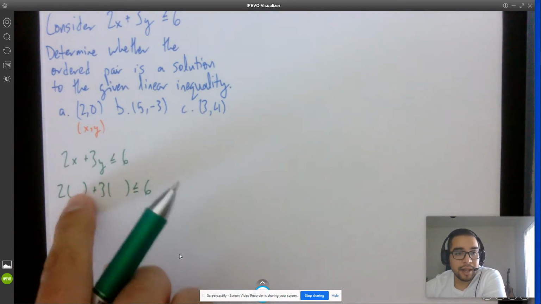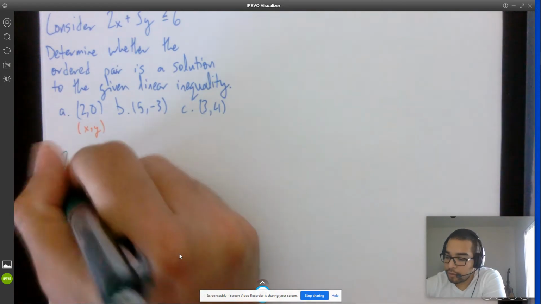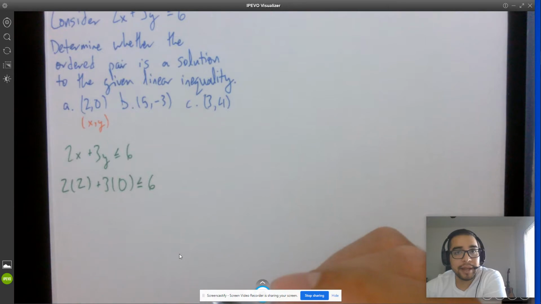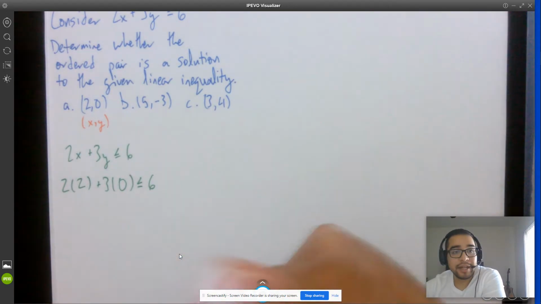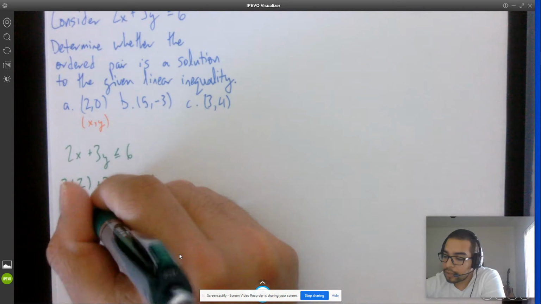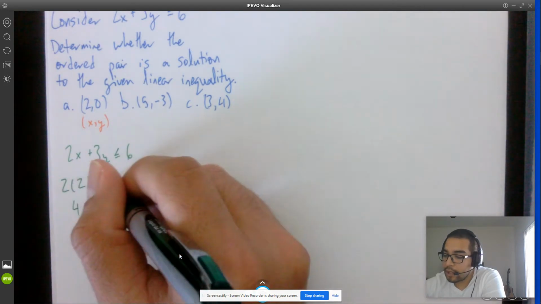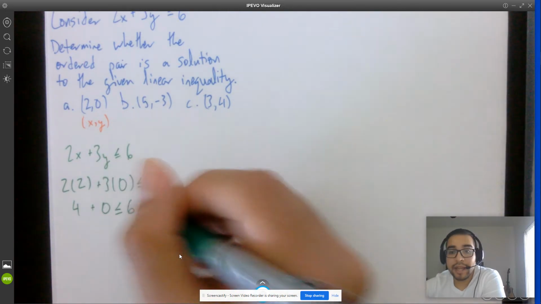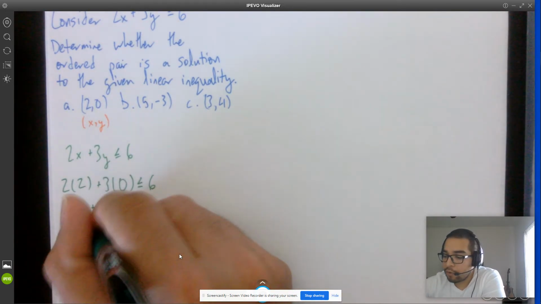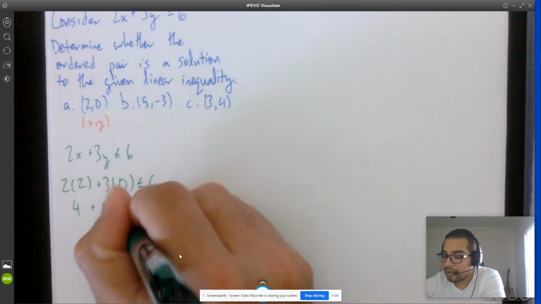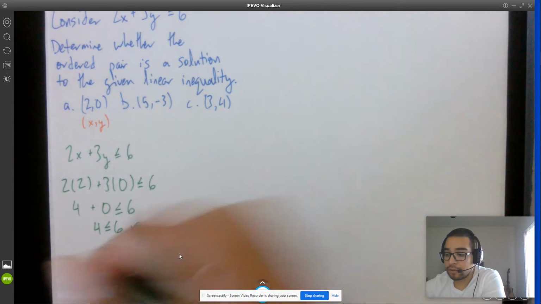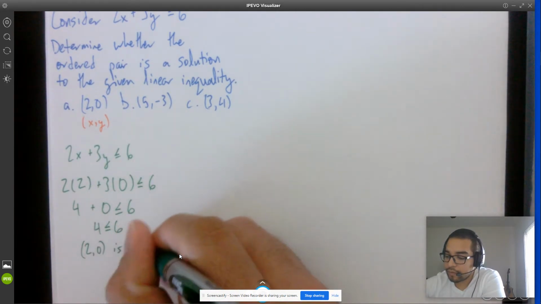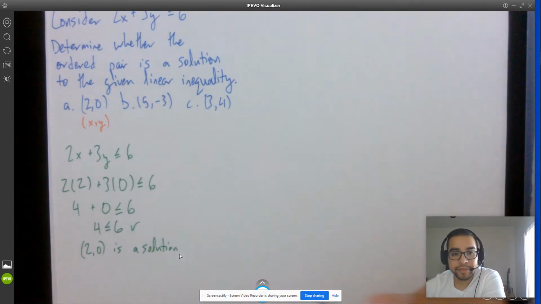My x coordinate is 2 and my y coordinate is 0, and I'm going to simplify. 2 times 2 is 4, plus 3 times 0 is 0, less than or equal to 6. And take a look at that: 4 is in fact less than or equal to 6, so the statement holds. So (2, 0) is a solution.